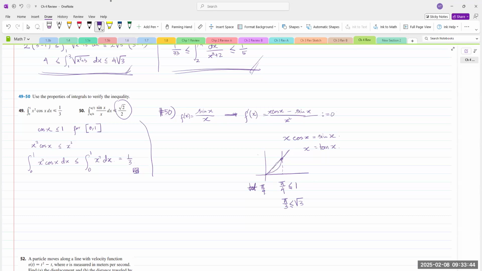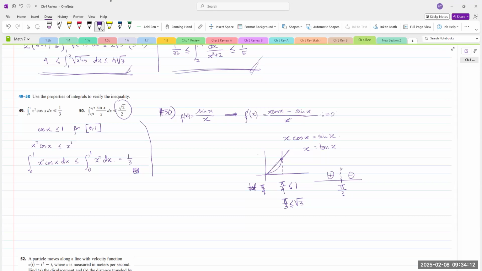And how about the sine graph? Let's say we have a pi over some number. Will this be positive? I think this will be positive here, and negative here. So that's the local maximum.